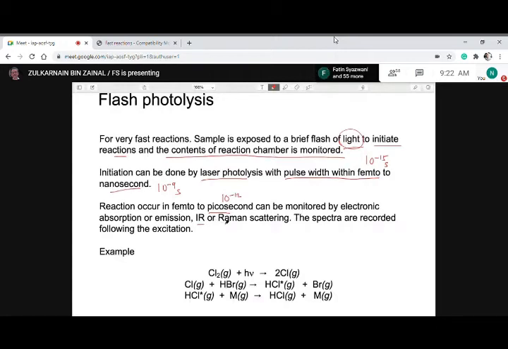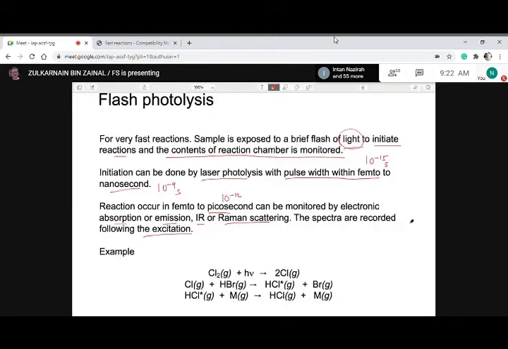So you can monitor this reaction through this process, whether using an absorption or emission spectrometer. Okay, so the spectra are recorded following the excitation process, and then we can monitor the process.